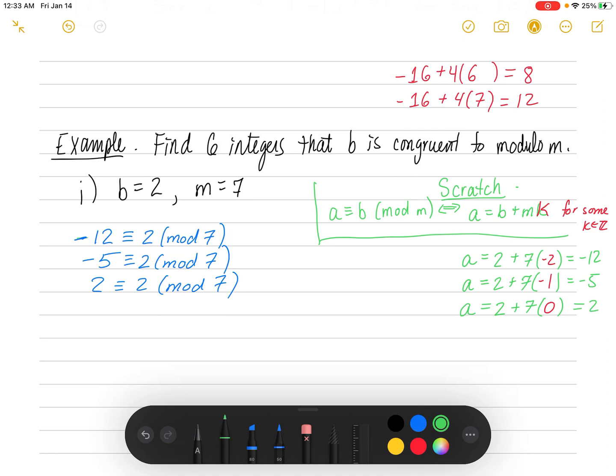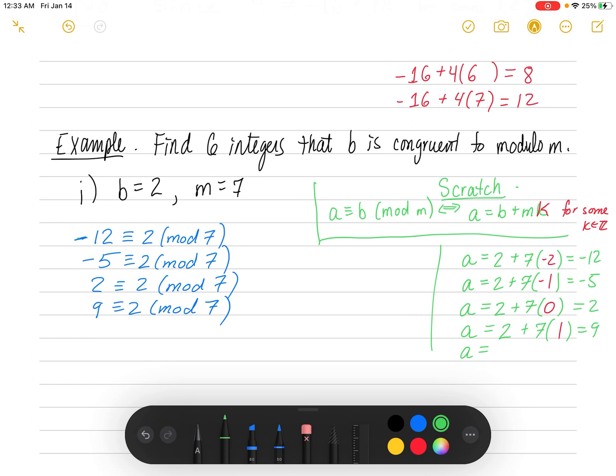Let's do another one. A is going to be equal to B, which is 2, plus M, which is 7, times a K value. Let's go to +1 for our K value. So we got 2 plus 7, which is 9. So 9 is congruent to 2 mod 7. How many do we have to do? I think 6, right? We got 4 so far. Let's do another 2.